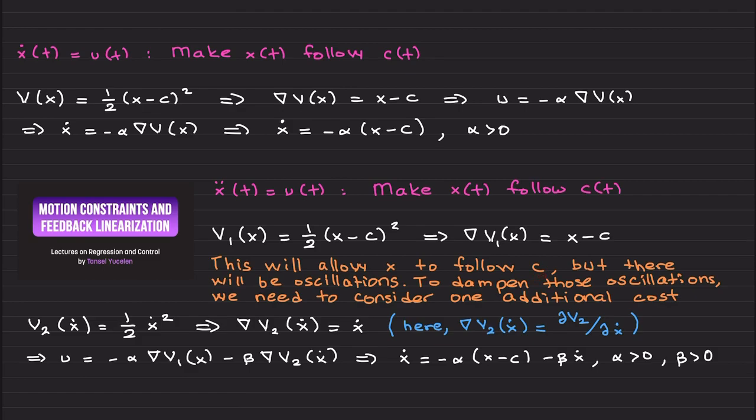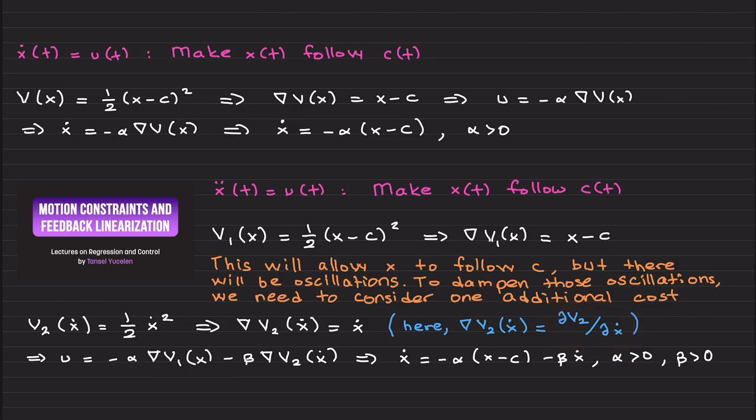To dampen those oscillations, we need to also consider an additional cost, basically the velocity of the position, x dot. So I am considering another cost function. Its gradient is x dot. By the way, I should mention that here the gradient is defined with respect to x dot.